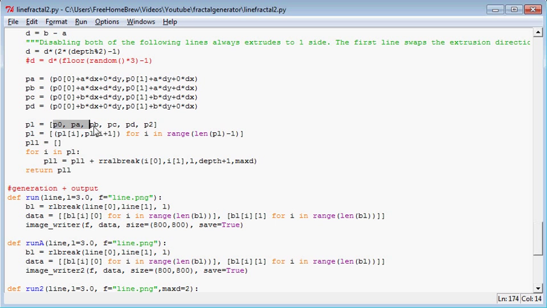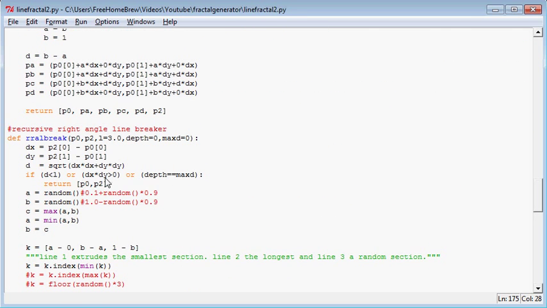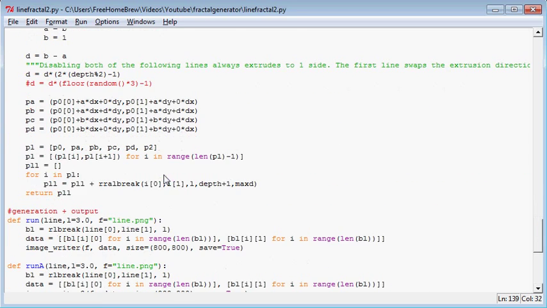For every pair in PL, it will recursively break these lines in the same way. And because we still have this condition, it will be finite. I've also added this condition here if the depth is the maximum recursion depth. So it's a finite list.